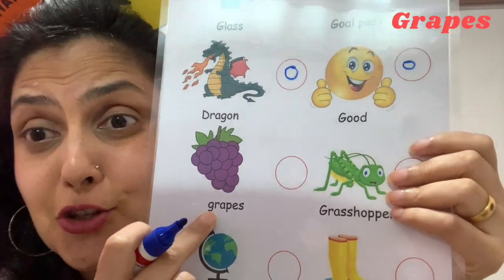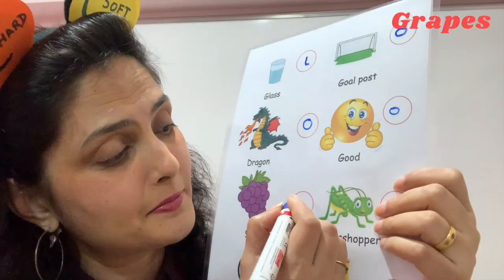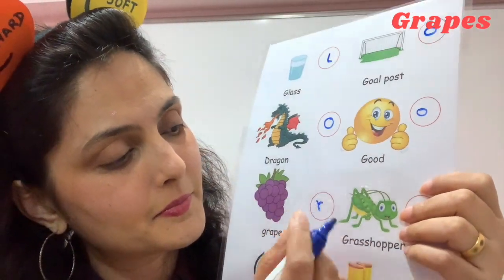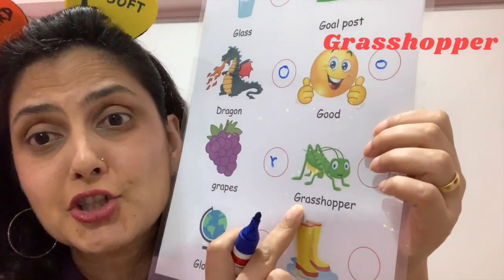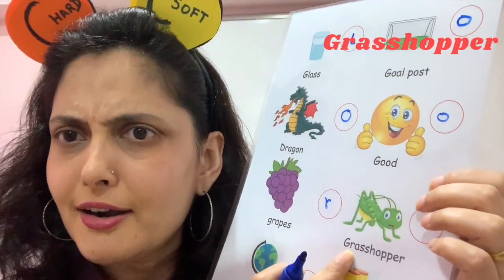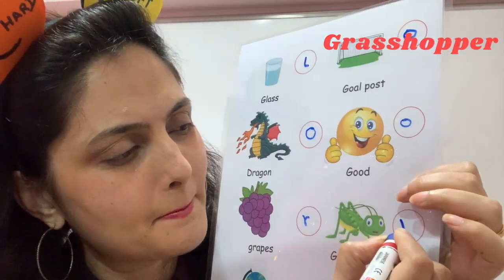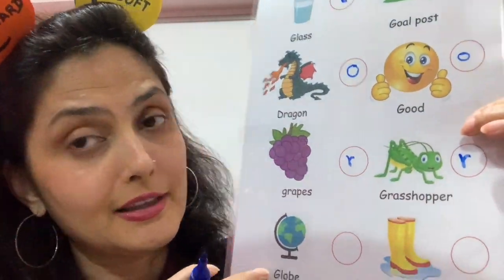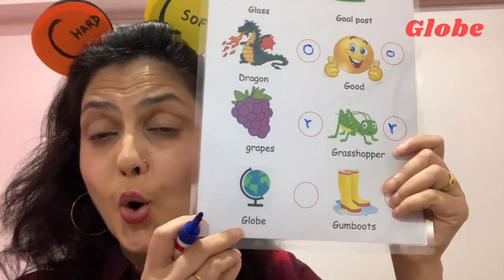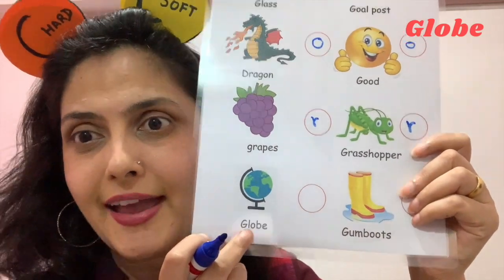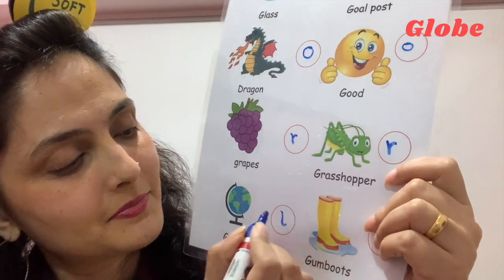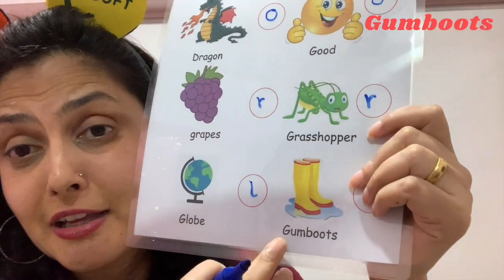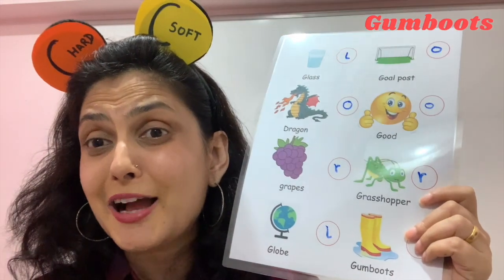Grapes. What comes next to G? R. Grasshopper. What's coming next to G? R again. Let's look here. Globe. What comes next to G? L. And here, gumboots. What's coming next to G?